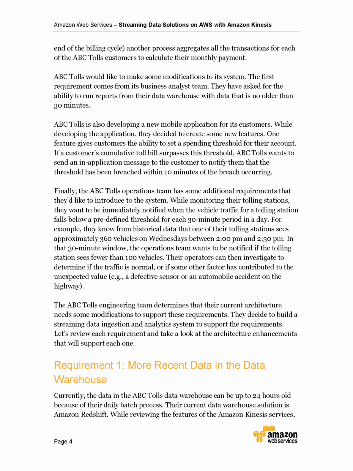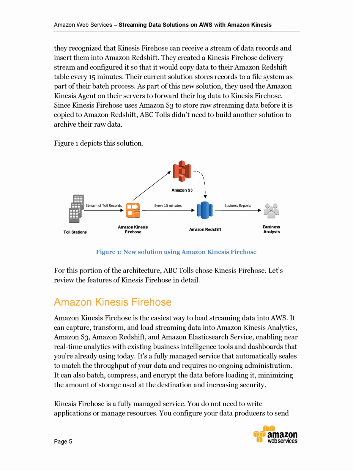Amazon Redshift. While reviewing the features of the Amazon Kinesis services, they recognized that Kinesis Firehose can receive a stream of data records and insert them into Amazon Redshift. They created a Kinesis Firehose delivery stream and configured it so that it would copy data to their Amazon Redshift table every 15 minutes. Their current solution stores records to a file system as part of their batch process.